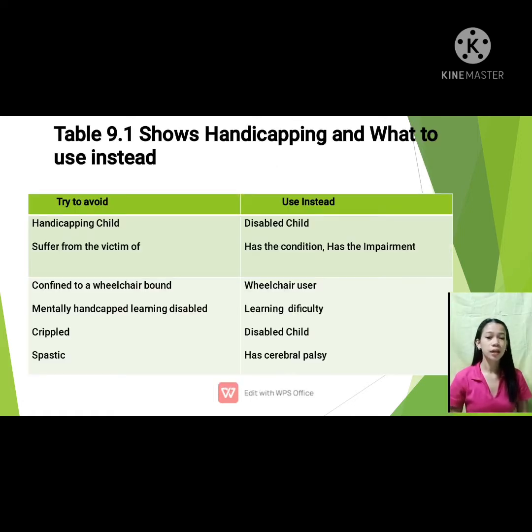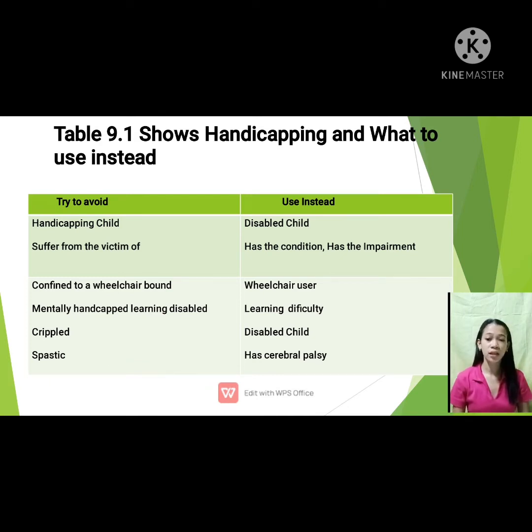Next is Table 9.1, which shows handicapping terms and what to use instead. There are two columns in this table: try to avoid, and use instead. If you want to say handicapped child, use disabled child. Instead of saying suffers from or victim of, you may say has the condition, has the impairment.